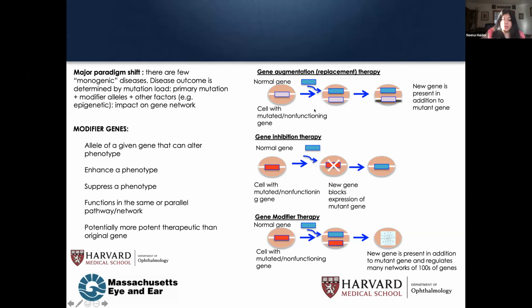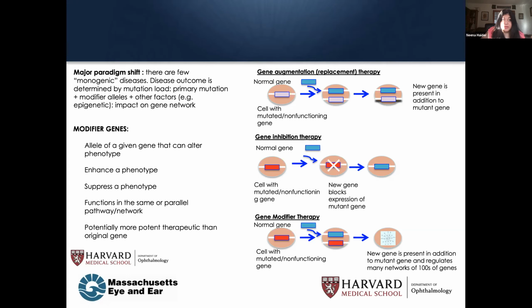So if we look on the right panel of the three different typical types of therapeutics, we have gene augmentation, which is replacing a mutated gene with the normal version of the gene, and that is present in addition to the mutant gene. We have gene inhibition. This is CRISPR, gene silencing, where we're inhibiting the function of that gene, and the new gene will block the expression of the mutant gene.